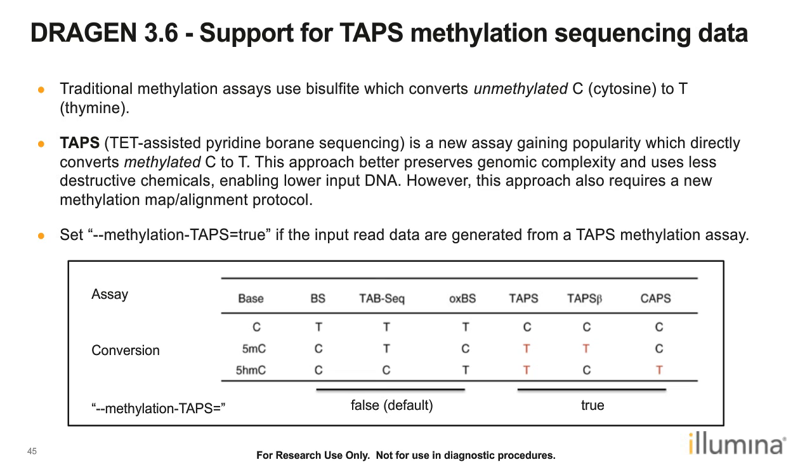What this assay does is it preserves genomic complexity because it uses less destructive chemicals. So the sample quality is not degraded as it is with bisulfite sequencing. That enables us to use lower input DNA, since the genomic quality of the sample is preserved.